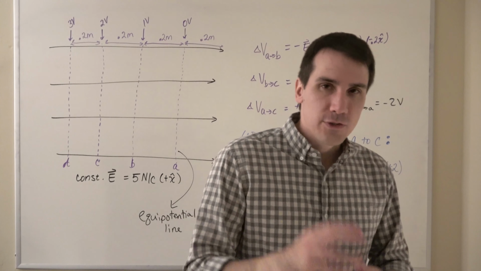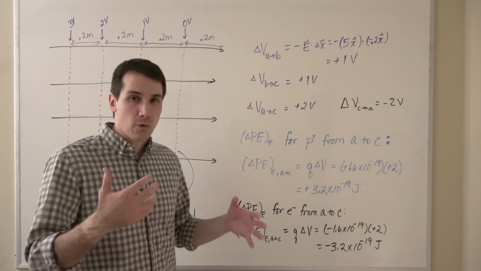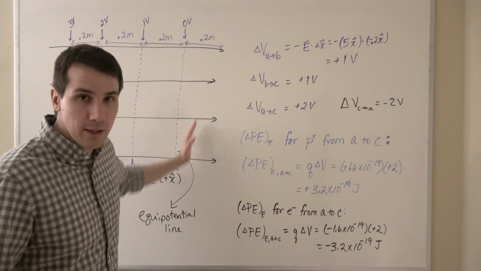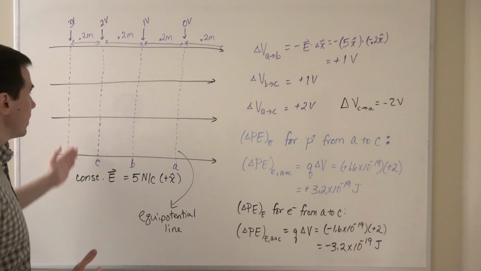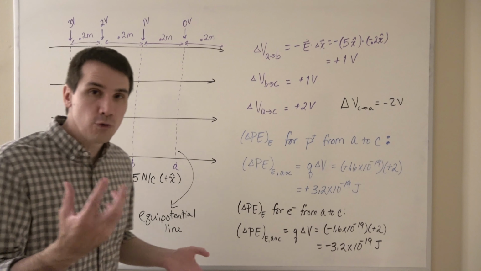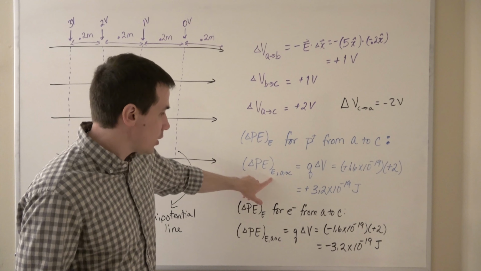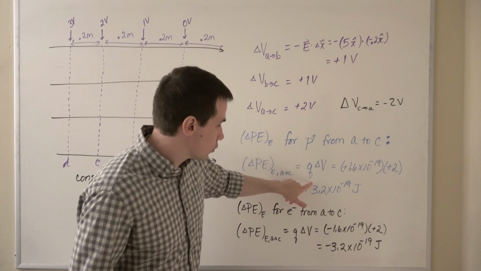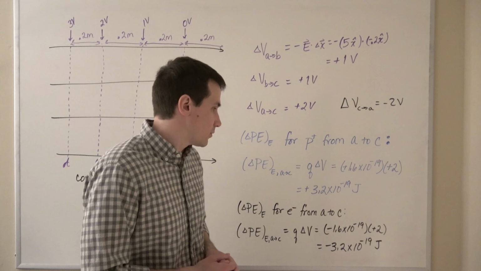Okay, so let's look at what happens if I take, for example, a proton and I want to move it from anywhere along my line A to anywhere along my line C. Well, it is going to experience a 2 volt potential difference. So I can use my equation that the change in potential energy looks like the charge that I want to move multiplied by the change in the voltage.